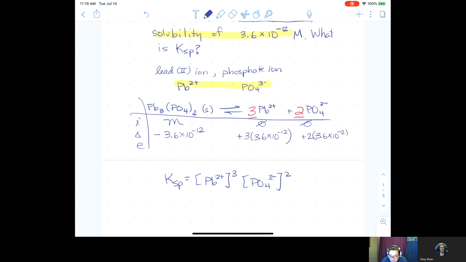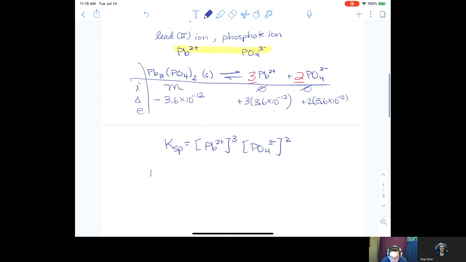You see where I'm getting the 3 and the 2? It's the stoichiometry. So when I come down here to plug it into and solve for my Ksp, I have 3 times 3.6 times 10 to the minus 12. That's all cubed. The cube comes from the equation for Ksp. The 3 times comes from the stoichiometry. It comes from the same place, but it serves 2 different purposes.